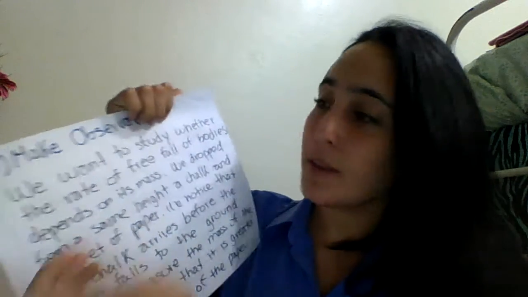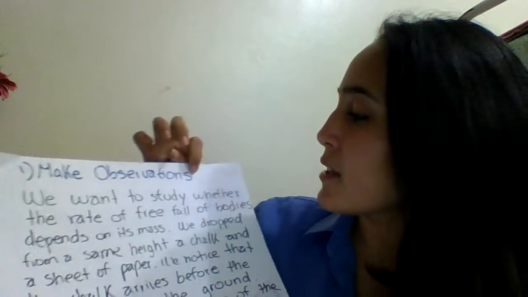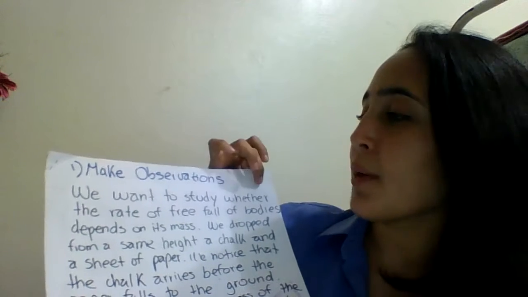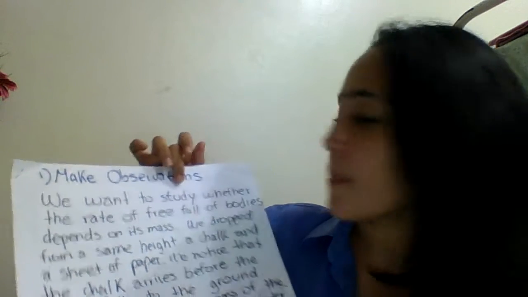As a review of the steps, I will describe a brief example in the use of the scientific method. Step 1. Make observations. We want to study weather. The rate of free fall of bodies depends on its mass.